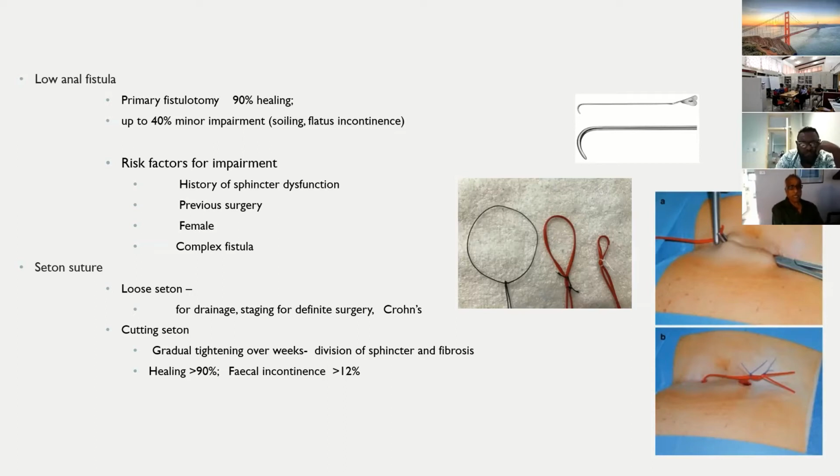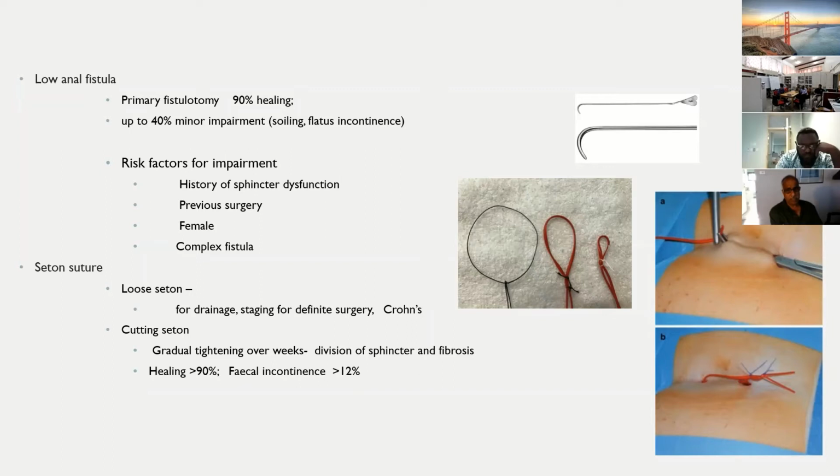The seton can be used as a loose seton or a cutting seton. Loose seton is mainly used as drainage and as a staging for definitive surgery, as well as in Crohn's disease. So when you're exploring the fistula, and if you think that the fistula is complex, with a higher portion of the sphincter muscle involved, I would just use a loose seton.